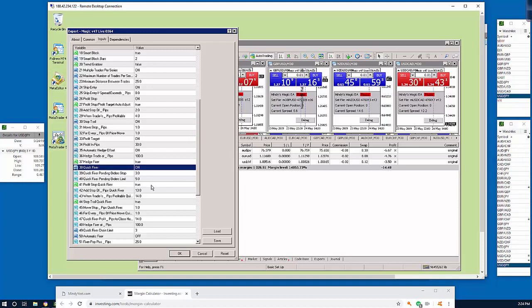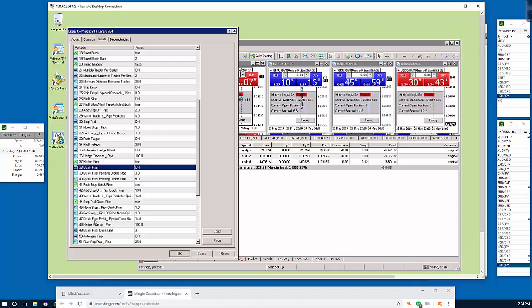But then, as the quick fixer gets profitable, we're telling the EA, right in this line, to add a stop on the quick fixer trade when it's 13 or 14 pips profitable.